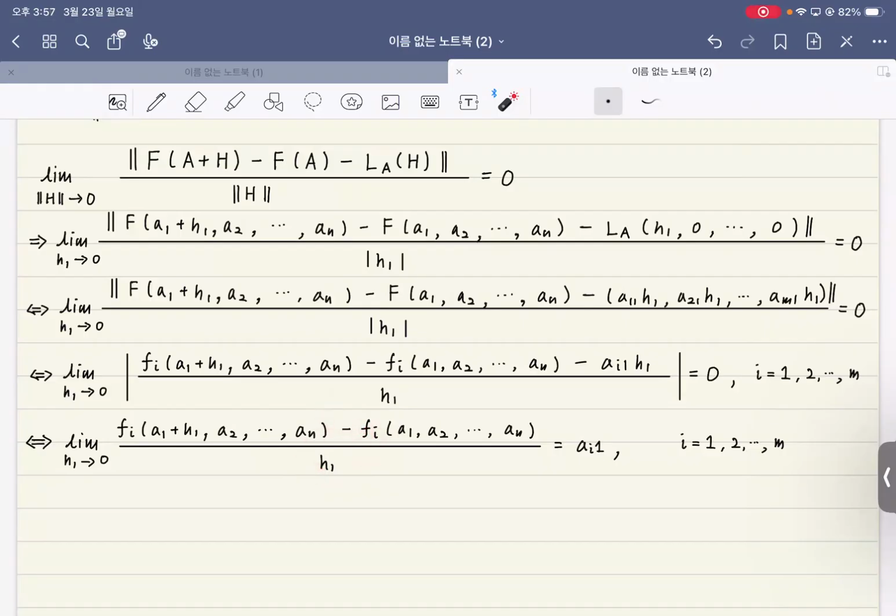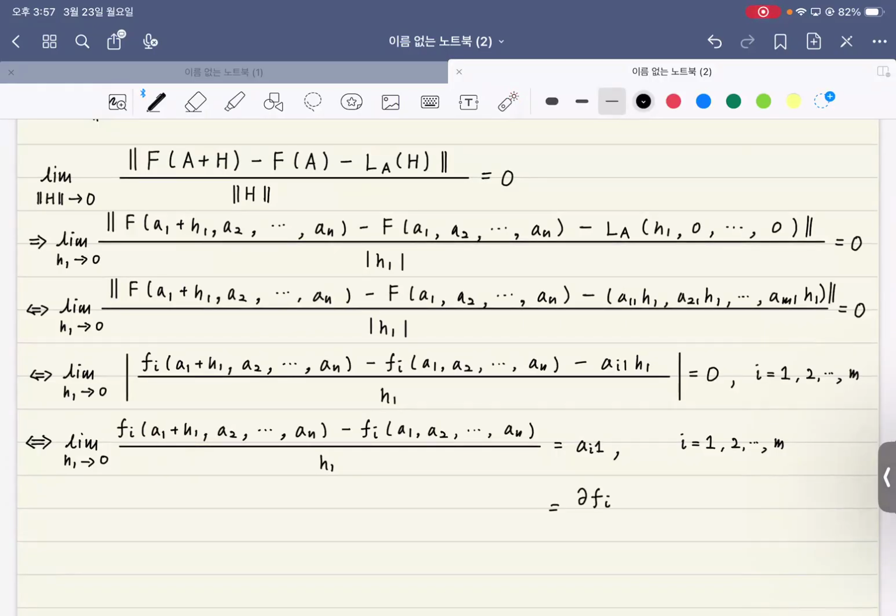In this case, the first component is now being differentiated, and all the other components just remain the same, right? Carries over. So this is what we call the partial derivative of function fi with respect to the first variable. This number is called the partial of f.